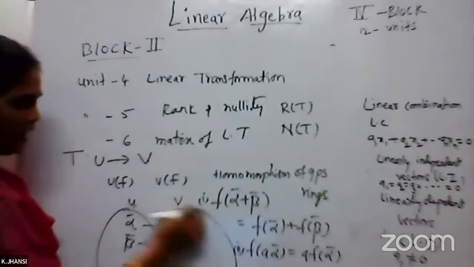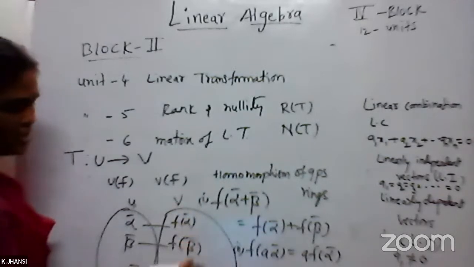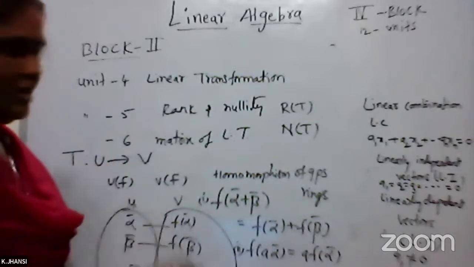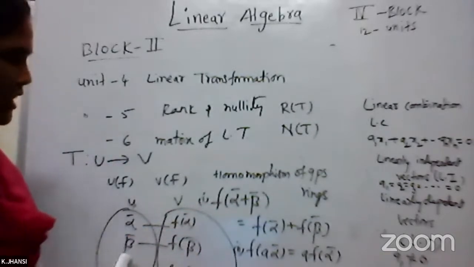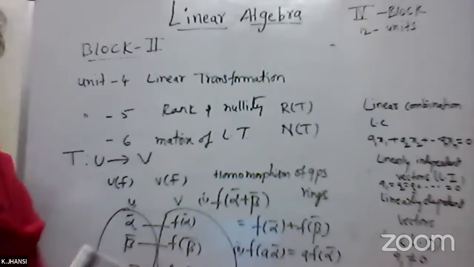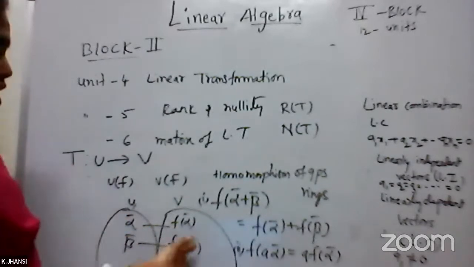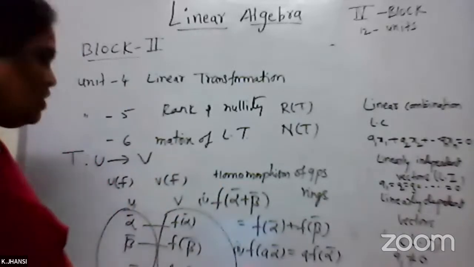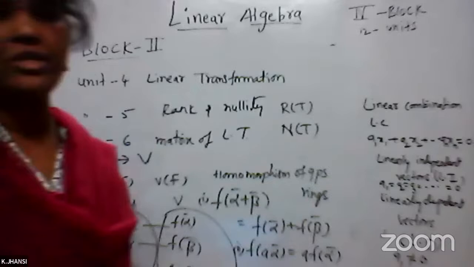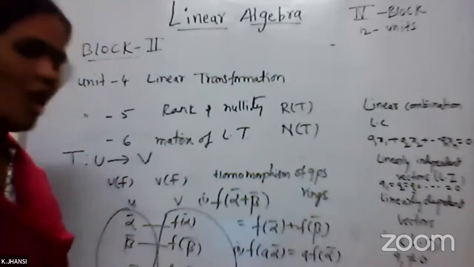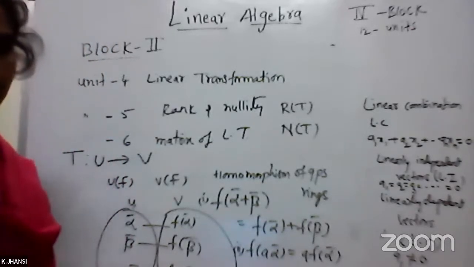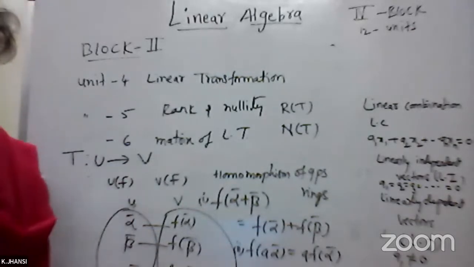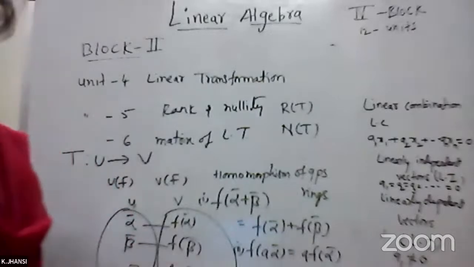So when you write the range, we write only these three as the range. When you write the set of the range elements, that is called the range of the linear transformation. Range means codomain elements which have images from the domain elements. The other elements, whatever they are, do not have images in U. Okay, that is called the range of the linear transformation.